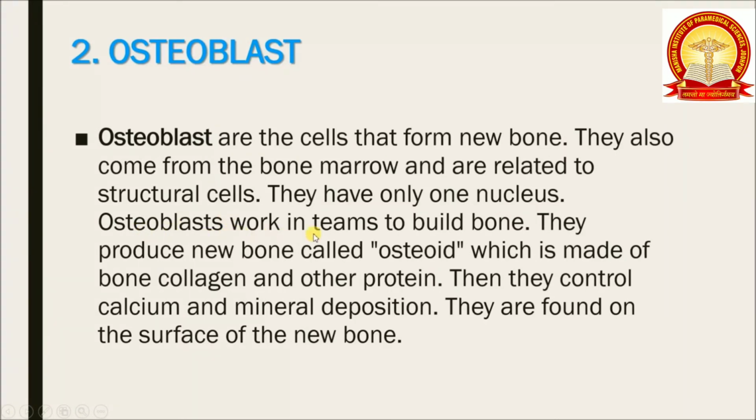Osteoblasts work in teams to build bone. They produce new bone called osteoid, which is made of bone collagen and other proteins. They control calcium and mineral deposition. They are found on the surface of the new bone.